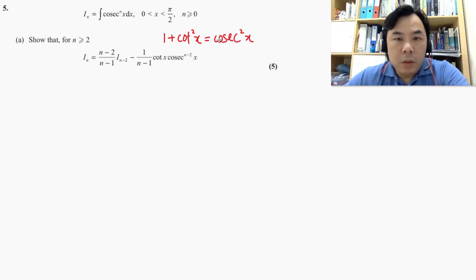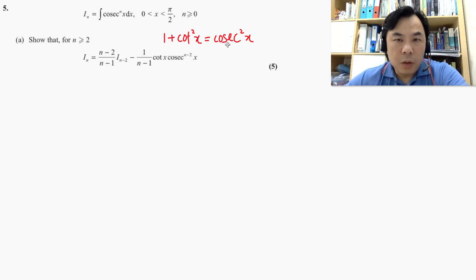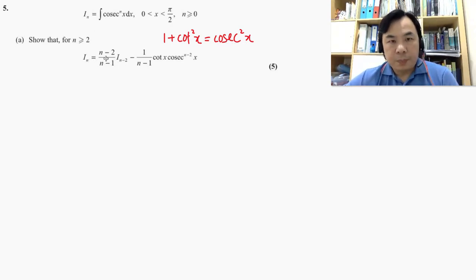Using this identity, we notice that it has something to do with cosecant square, and how we can make use of this cosecant square is the key to forming this reduction formula.